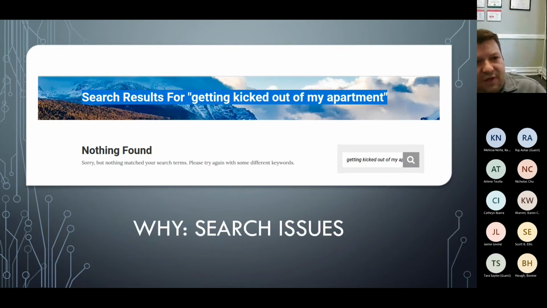So here's an example from a legal aid website. I searched for getting kicked out of my apartment on this website and nothing came up. I also searched for, they said I have to leave my apartment, and I searched for landlord kicking me out, and nothing came up. I tried this on a few different legal aid websites. Some were a little bit better, but none of them were really great. I got a lot of nothing found, no results, because I had to search for the magic word of eviction in order to bring up the most responsive resources.